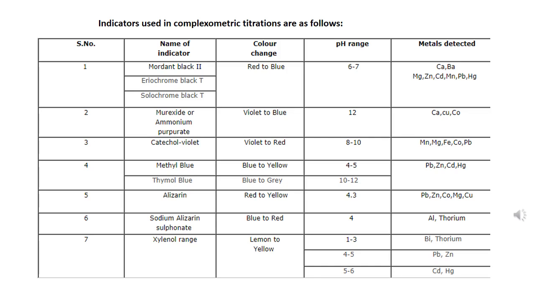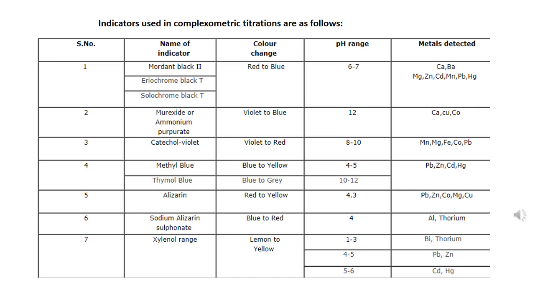The next indicator is xylenol orange, and its color changes from lemon to yellow. In the case of bismuth and thorium, the pH range at which the complex is formed is 1 to 3, for lead and zinc the pH range should be from 4 to 5, and for cadmium and mercury, the pH range is 5 to 6.